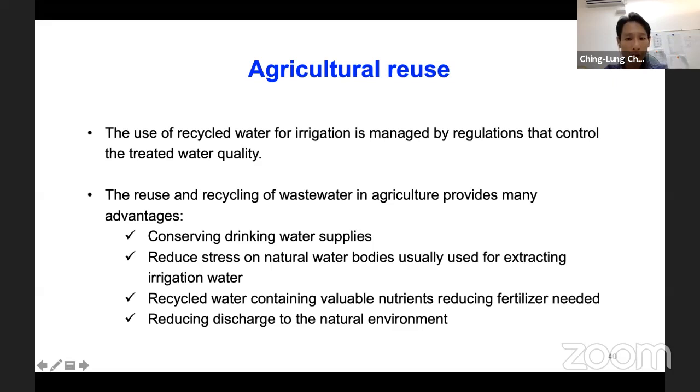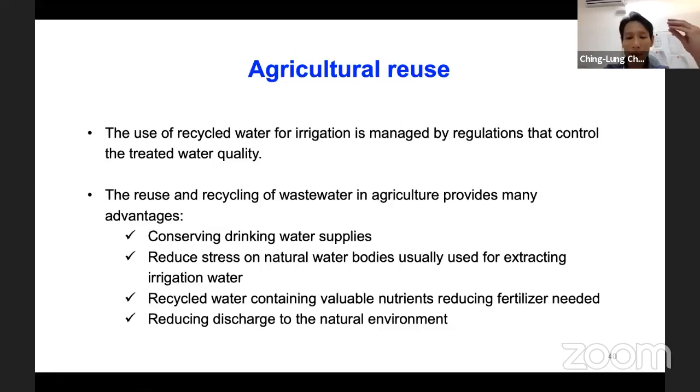And then agricultural reuse. The use of recycled water for irrigation is managed by regulations that control the treated water quality. Because if you want to use recycled water for irrigation, we need to make sure the water is clean enough to a certain level.